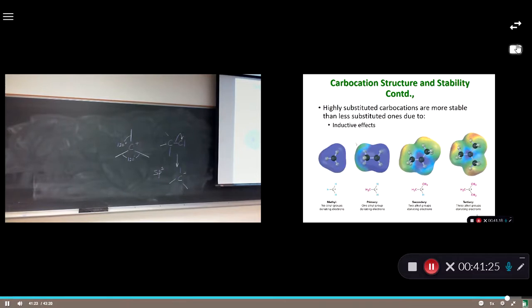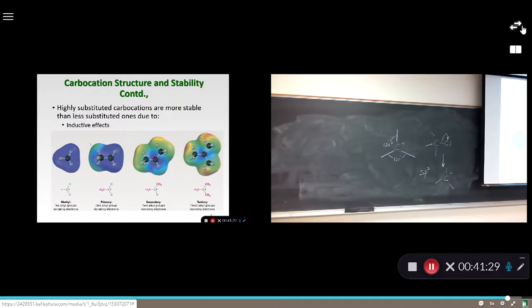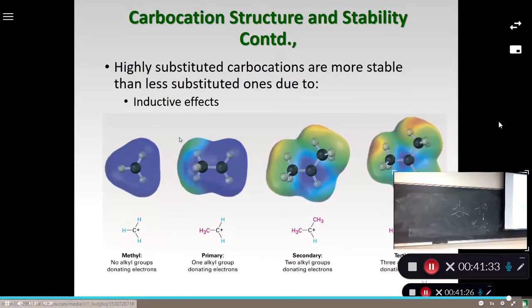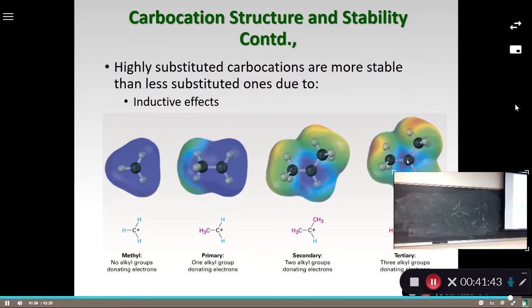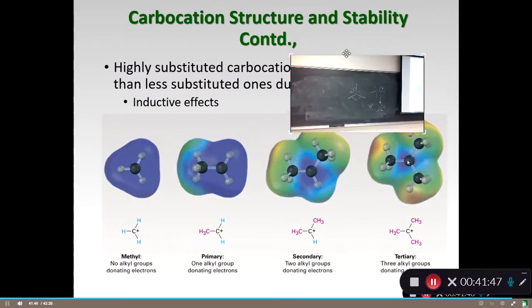By now I'm explaining the same thing from many different angles. If you have more and more R groups, more substituents, these are electron density diagrams.